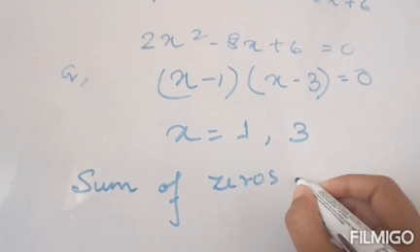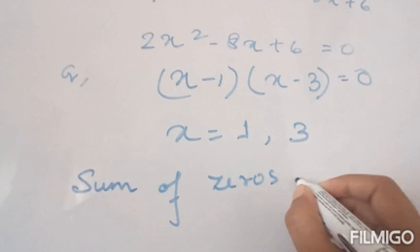Now you see, if we take the negative of the coefficient of x and divide by the coefficient of x square, we get this: negative of minus 8 by 2. What do we get? 4.